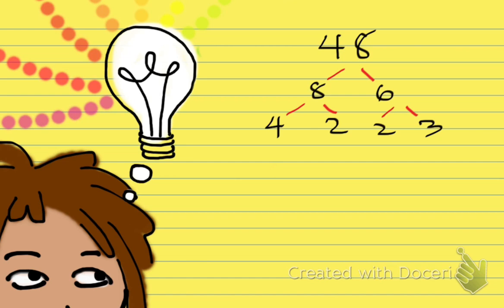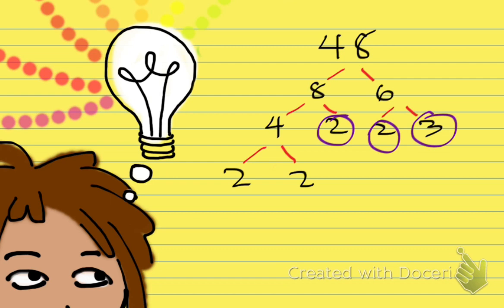Now, notice that we have 2 and 3 that are prime factors. But 4 is not. So we can still split and continue to factor 4. So split 4 into 2 more factors, which is 2 times 2.